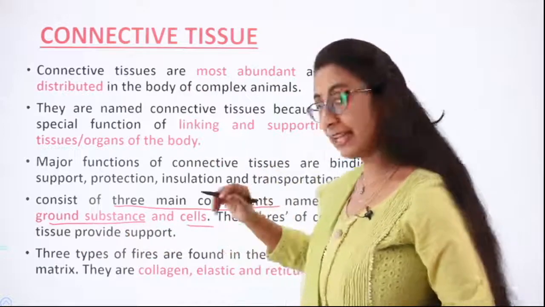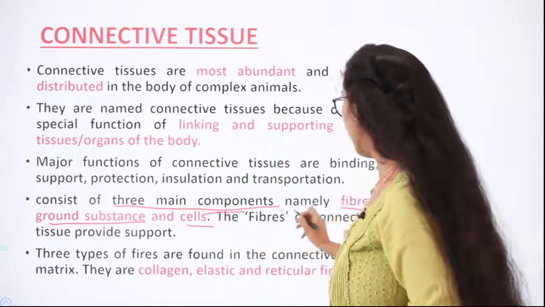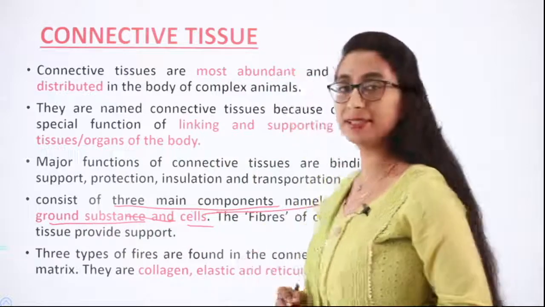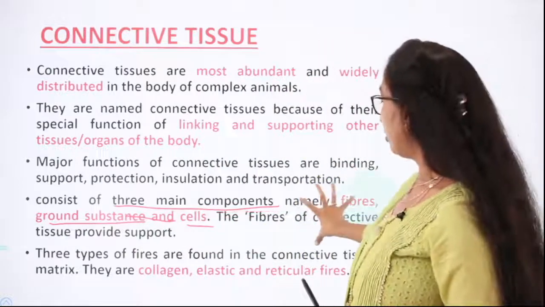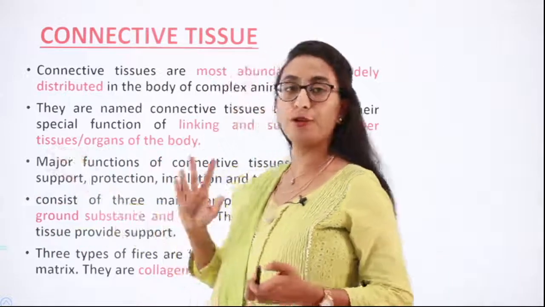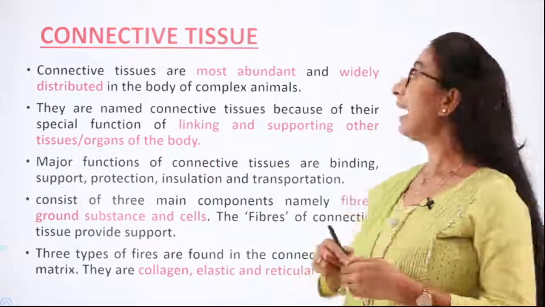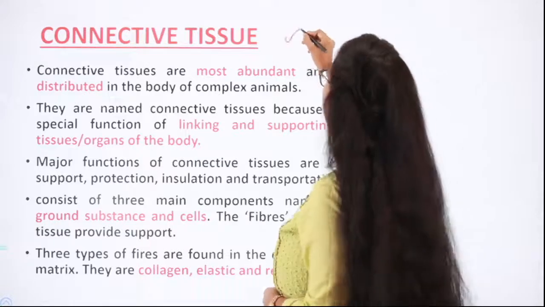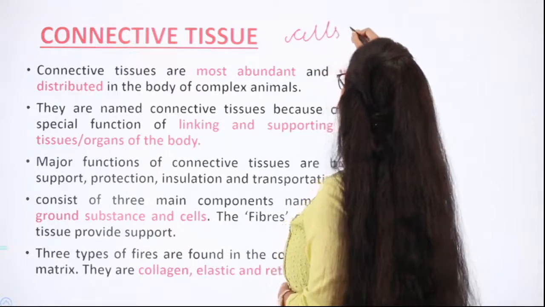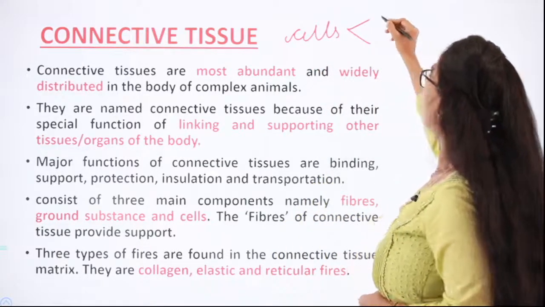So it is the cell which secretes the fibers as well as the ground substance. Connective tissue is comprised of 3 important components, that is the fibers, the ground substance and the cell. And it is the cells which secrete the fibers.